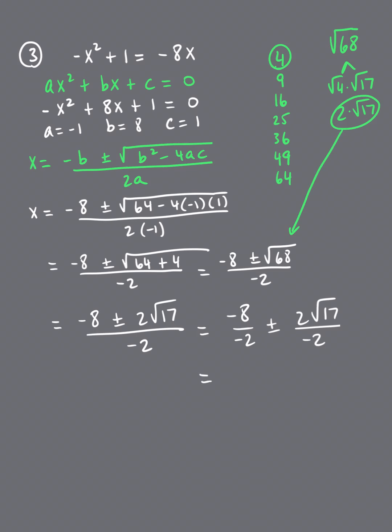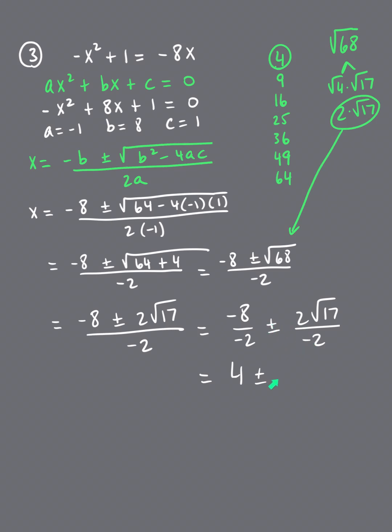Or you could just do it all in one step. Negative 8 divided by negative 2 is 4. Plus or minus 2 divided by negative 2 is negative 1. But because we have this plus or minus here anyway, the negative really does not matter. If you're adding a negative, that would be like subtracting. And if you're subtracting a negative, that would be like adding. So you're really kind of just creating more work for yourself.